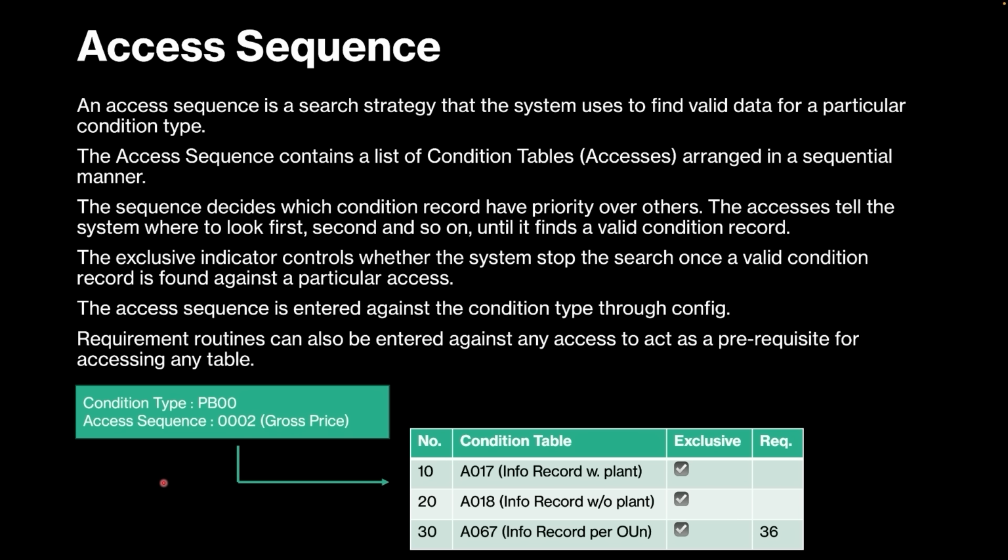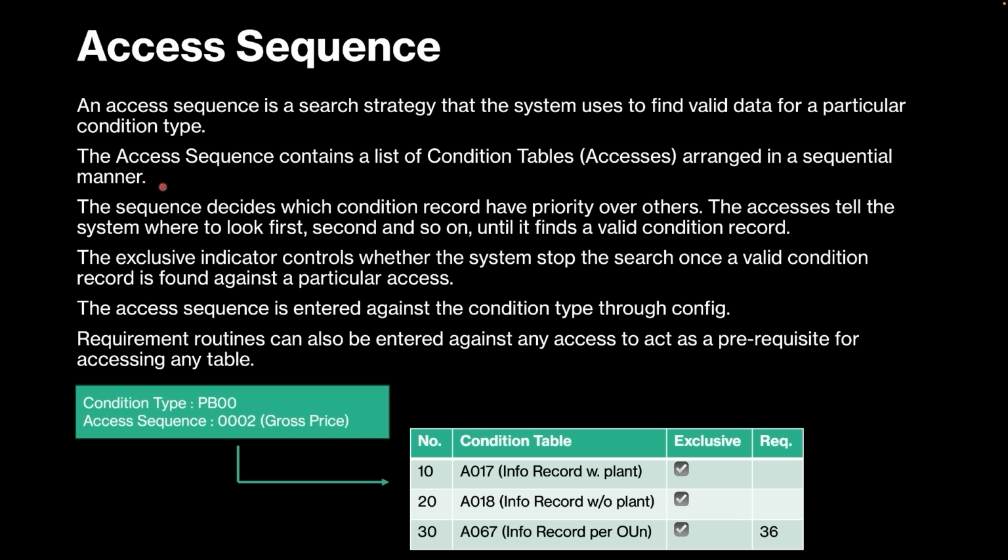So as we saw in the earlier pricing technique diagram, an access sequence is a search strategy that the system uses to find valid data for a particular condition type. The access sequence contains a list of condition tables which are called accesses, and these accesses are arranged in a sequential manner.